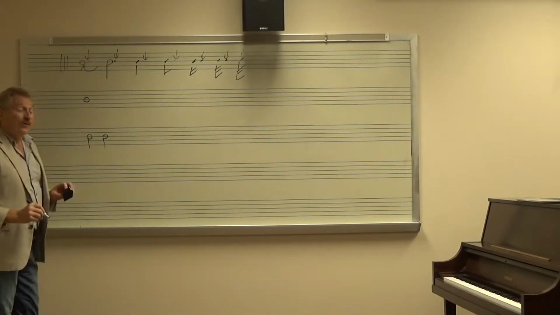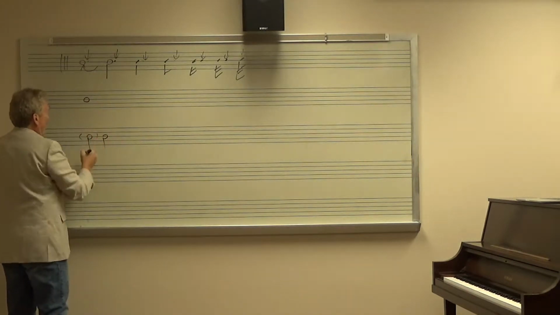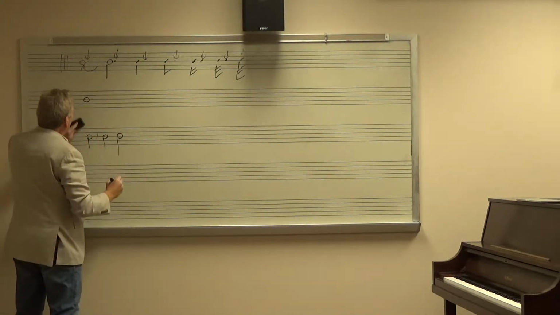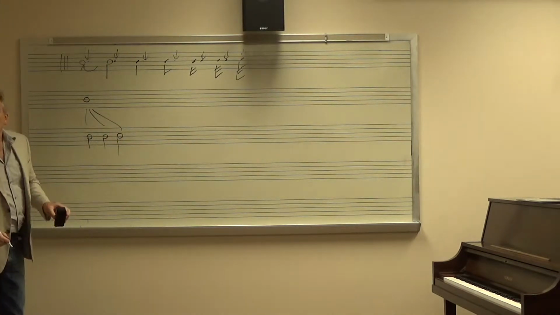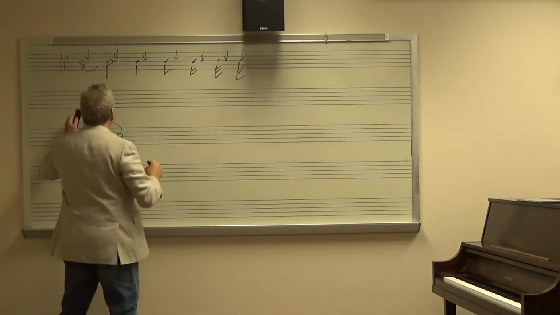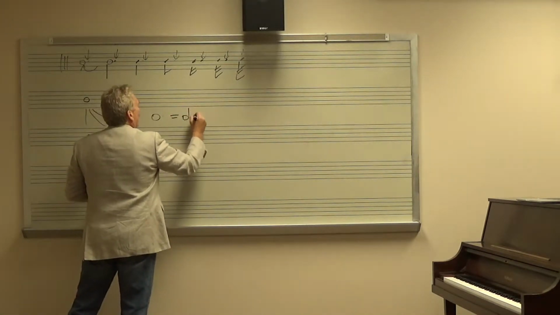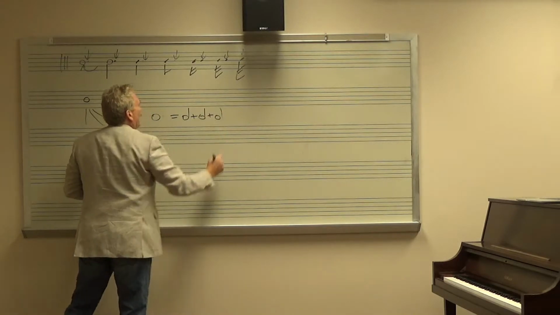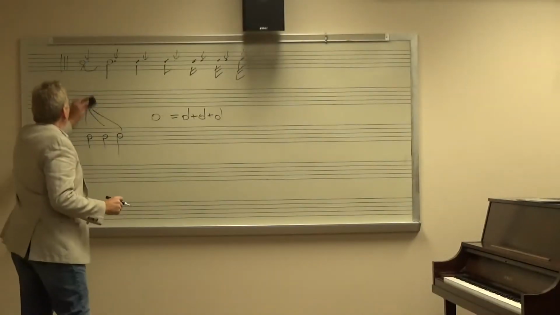Therefore, a dot would say take the half of that, that is a half note, and add that to it. A dotted whole note equals 3 half notes. Same thing applies.